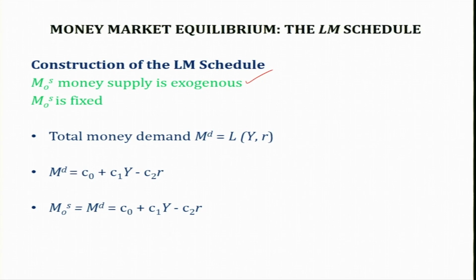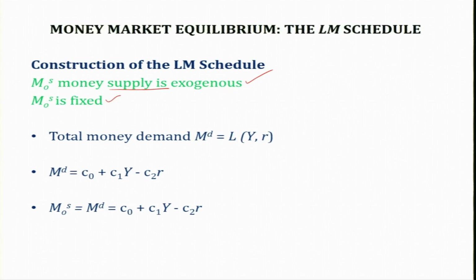It does not depend upon the rate of interest. It depends upon the economic conditions and the objectives of the monetary policy. In order to fulfill their objective, they will change the money supply accordingly. So in our analysis we assume that money supply is fixed.